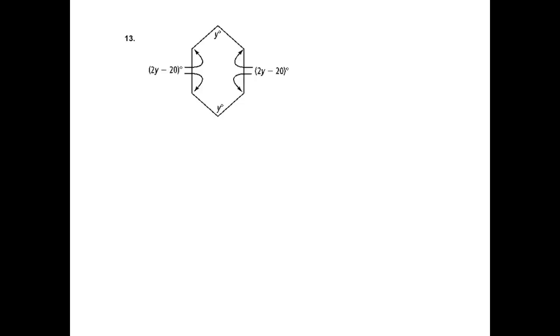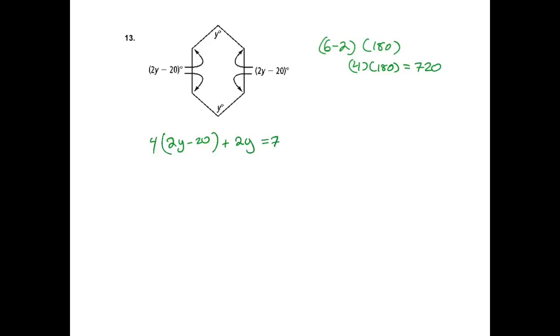Now I want to find the measure of y. My first step is to find the sum of the interior angles. I have 1, 2, 3, 4, 5, 6 sides. So this is 6 minus 2 times 180, so 4 times 180, 720. Now, 2y minus 20 is here, and these 4 angles measure the same, so I can multiply that times 4, plus y and y, so 2y, equals 720.